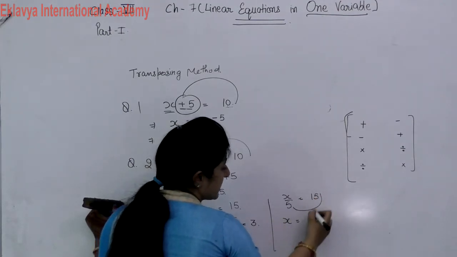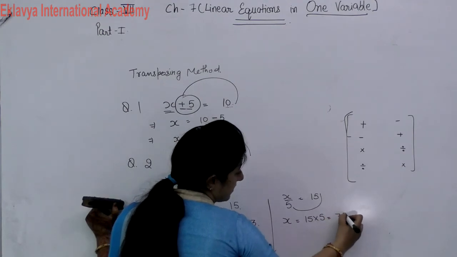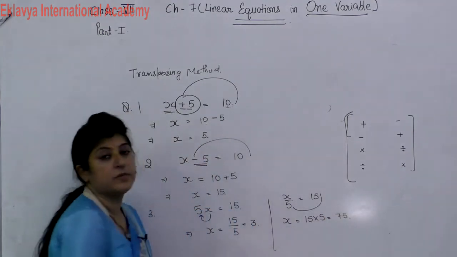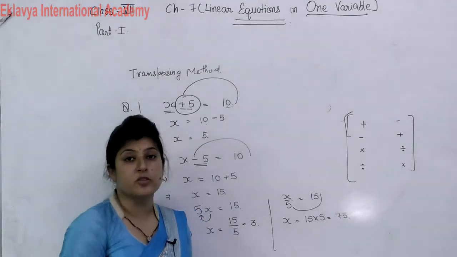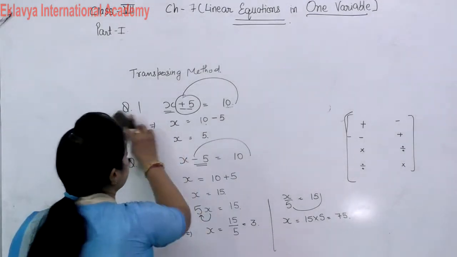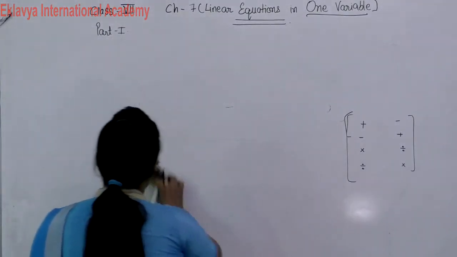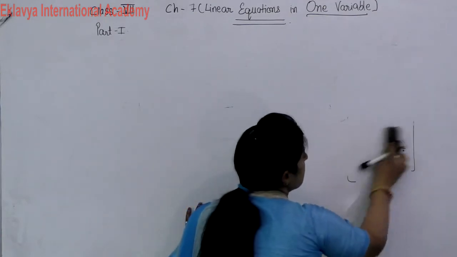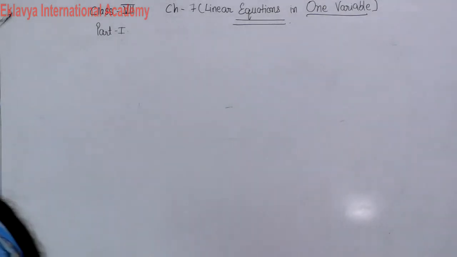When you change the side, it will come in multiplication. This is how we solve such simple equations with a variable. Now see more examples.